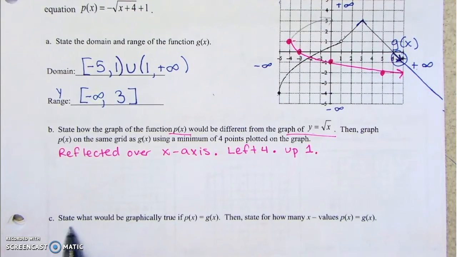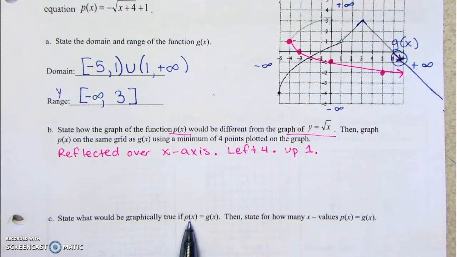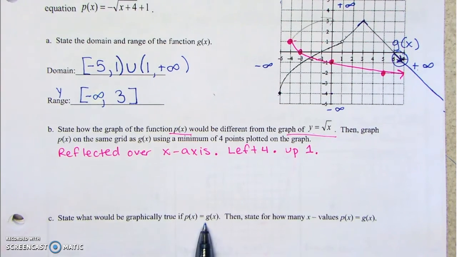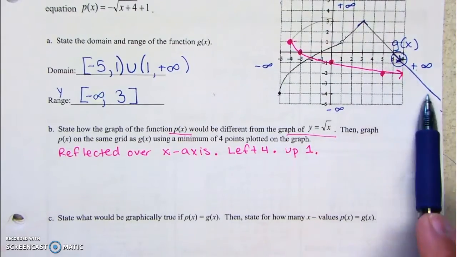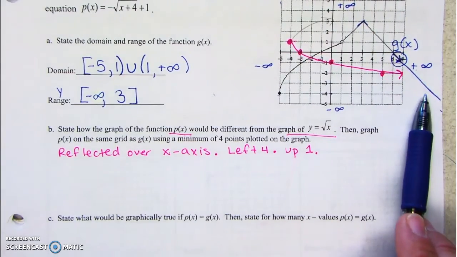Okay, state what would be graphically true if p is equal to g. Well, if p is equal to g, that's where the p graph has the same x and y value as the g graph.